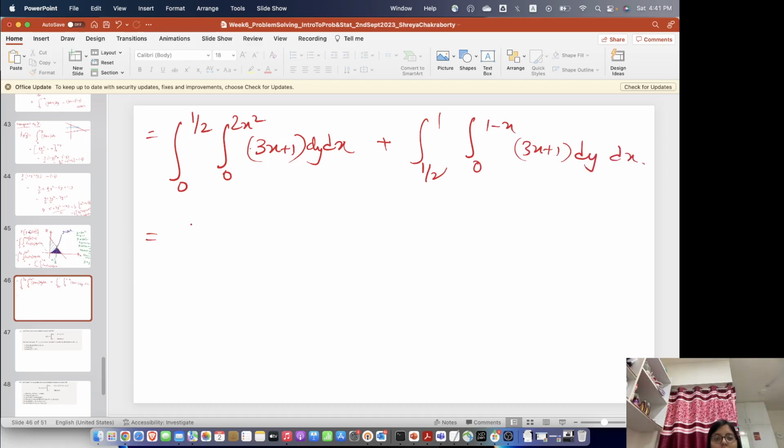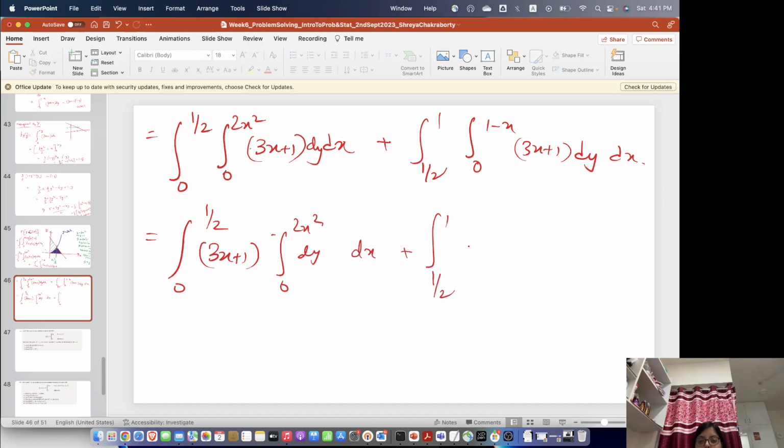So this will be 0 to half, 3x plus 1, integration of 0 to 2x square dy dx, plus half to 1, 3x plus 1, 0 to 1 minus x dy dx.